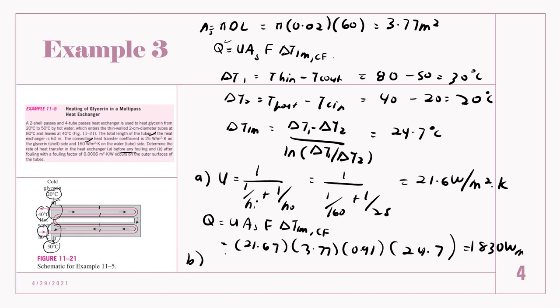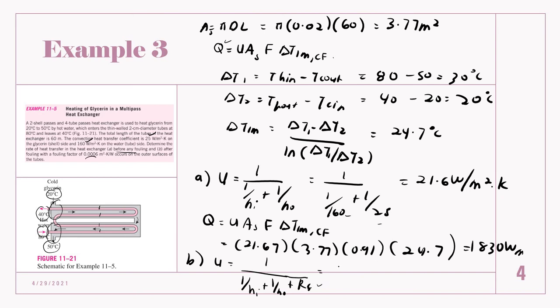For case B, we need to calculate again, considering the fouling factor of around 0.006. Calculate U using this formula, 1 over 1 over Hi plus 1 over H0 plus the fouling factor. Just input this value and the fouling factor value.